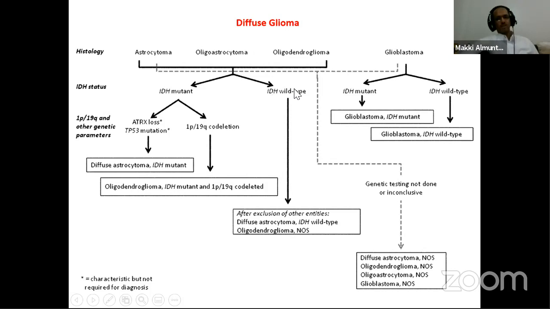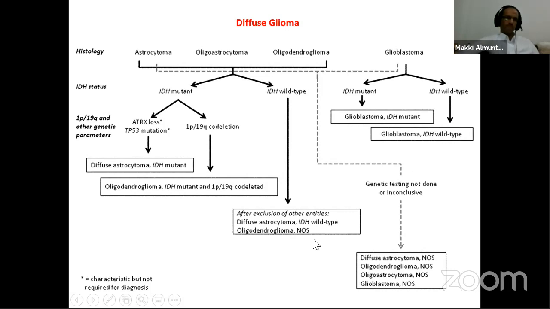If it's wild, then it's wild type. Otherwise, it is NOS, meaning not otherwise specified. Same here, glioblastoma, either IDH mutant or IDH wild type. The wild type has poor outcome, as I will show you.